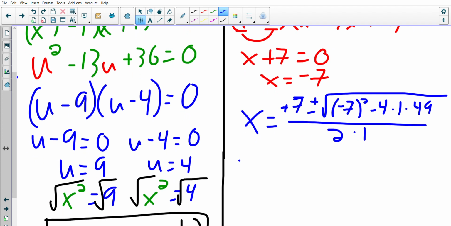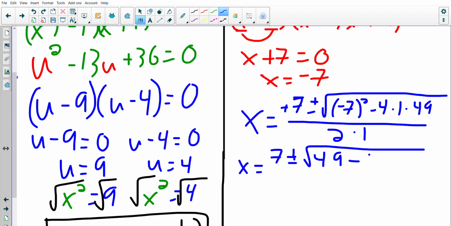Let's just keep doing the math. x is equal to 7 plus minus the square root of 49 minus 196, all over 2.